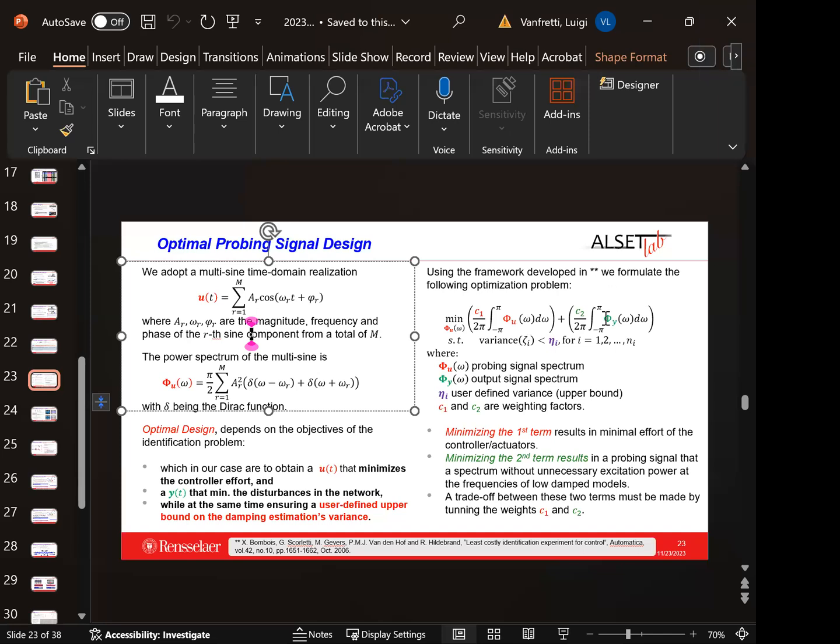When you add the spectrum of the output, it's going to find those inputs considering both of them.